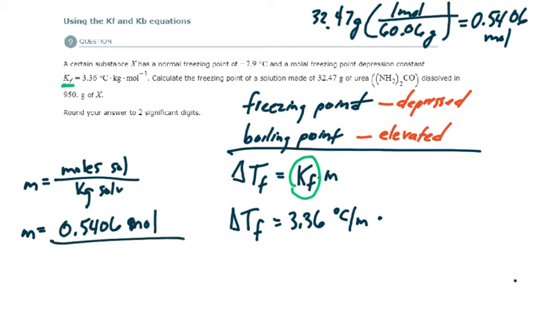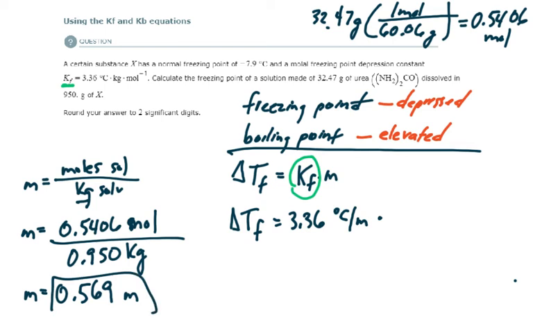and we divide that by kilograms of solvent. That many grams of urea is dissolved in 950 grams of our solvent X. It needs to be in kilograms, so that's 0.950 kilograms. So the molality is 0.569 molal.